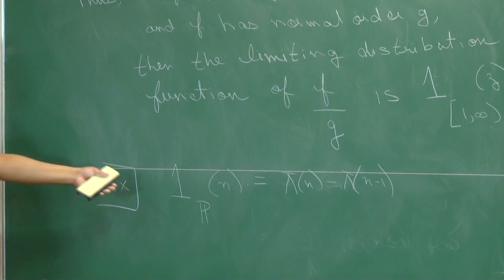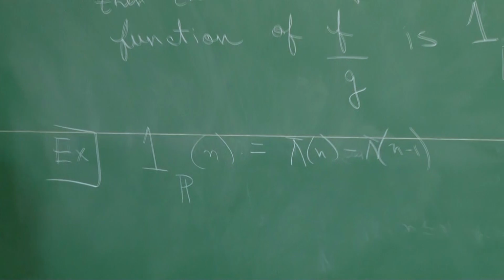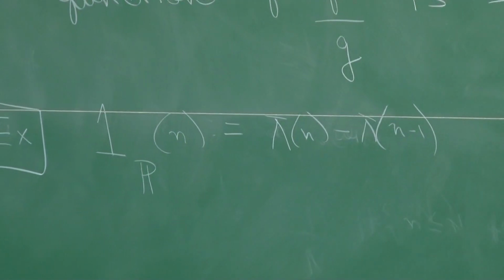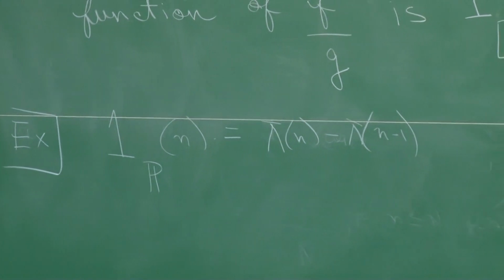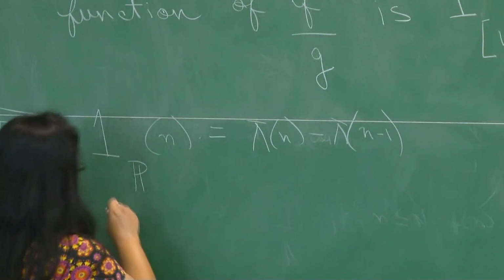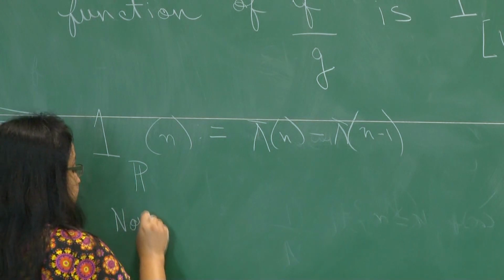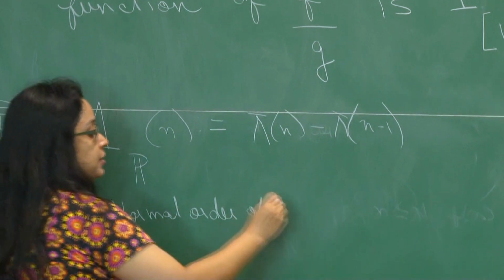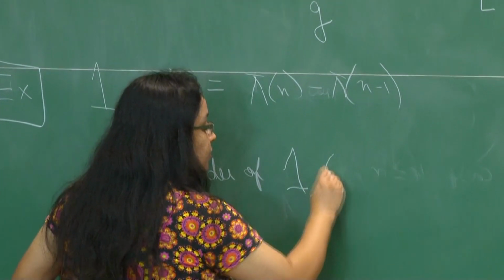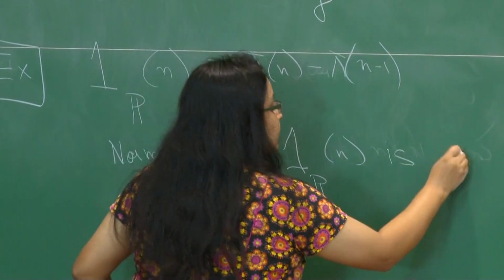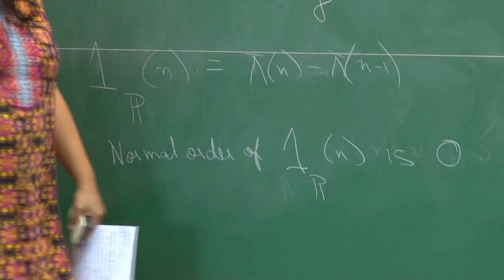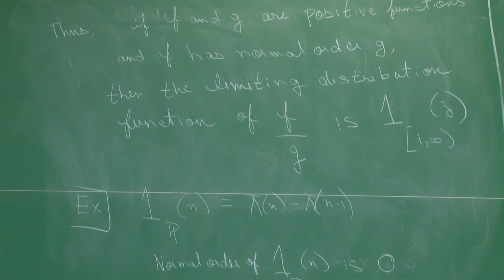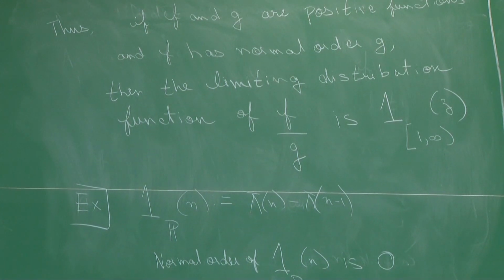What do you think the normal order of this function should be? Using the fact that primes have density 0 in the set of natural numbers, check that the normal order of this function is just the 0 function.